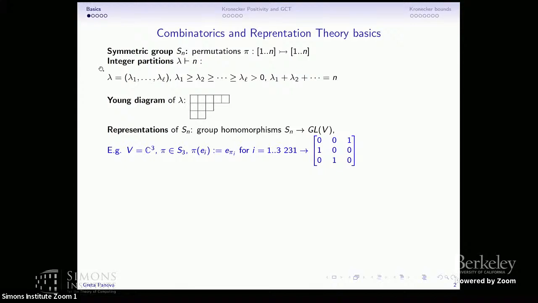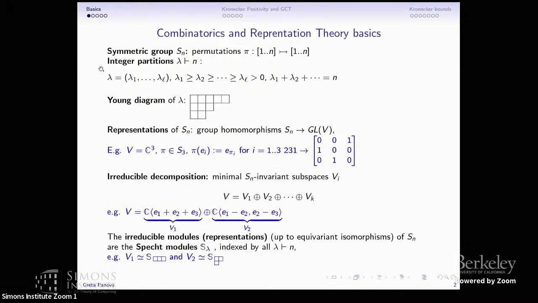And once we have this construction, we want to know what are the invariant spaces, or in other words, how do we decompose it into irreducibles. So the irreducible representations would be the minimal S_n invariant subspaces, and the vector space decomposes into a direct sum of them.